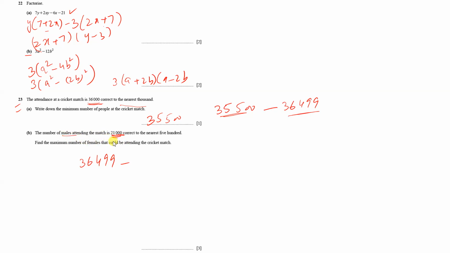They are rounded to the nearest 500 from 21,000, so the minimum number would be 20,750. When we subtract this, it gives us the maximum number of females that could be attending the cricket match, and that is equal to 15,749.